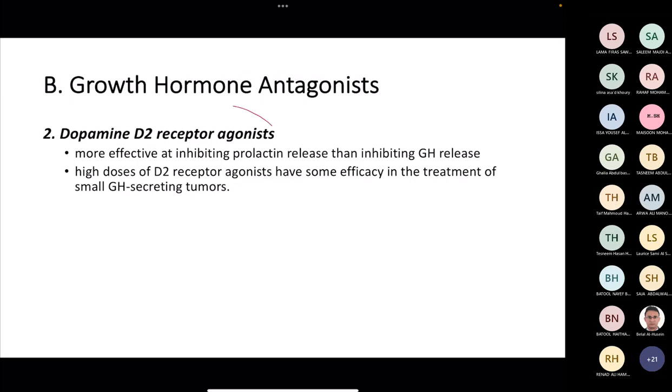This is treated by D2 receptor agonists. أكيد you know D2 receptor agonists when you studied Parkinson, so those are anti-Parkinsonian agents like bromocriptine or its analogs.